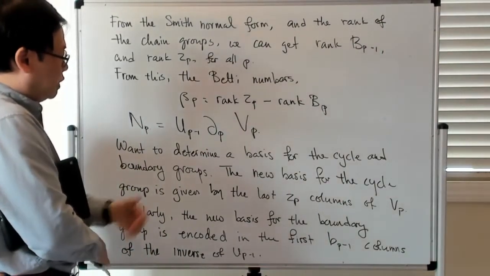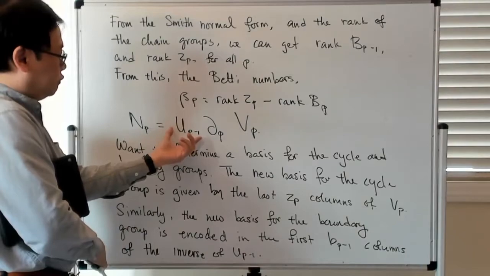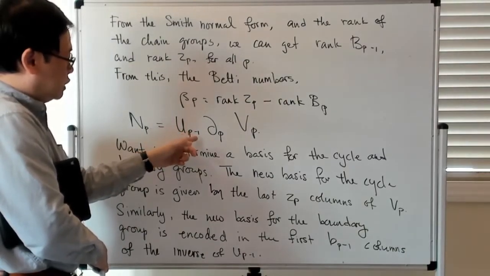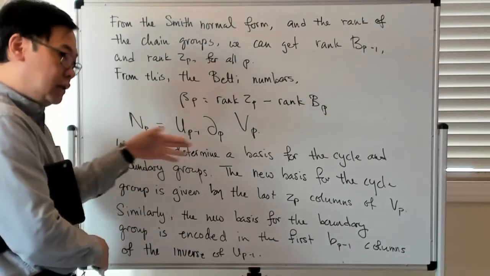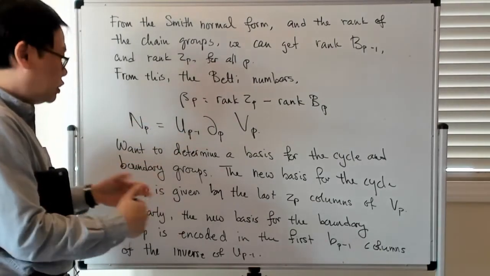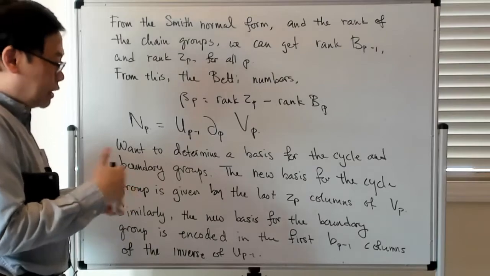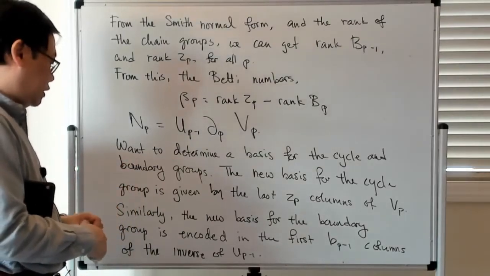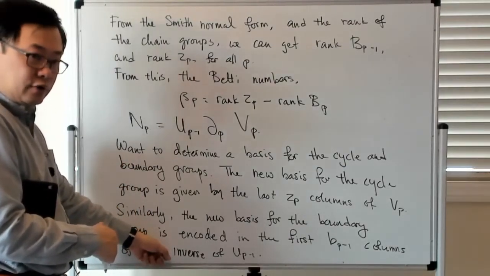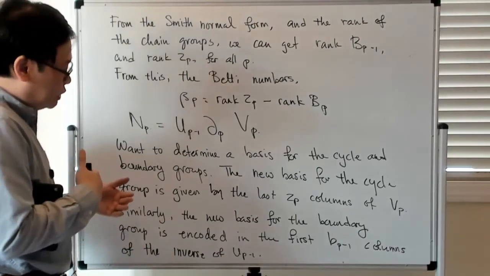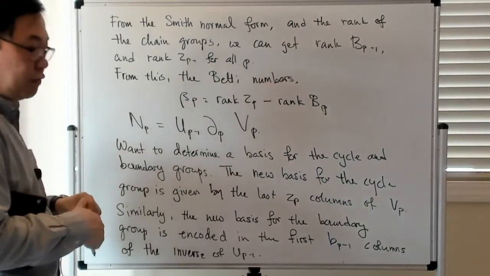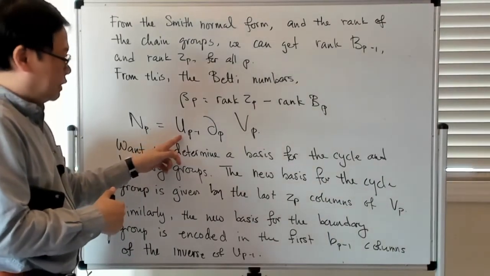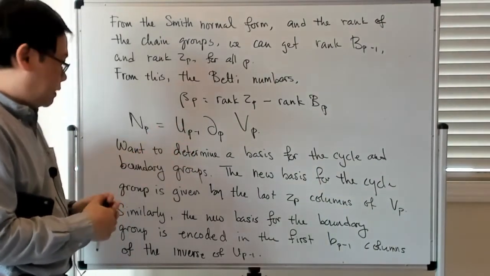So if you keep track of the sequence of exchanges and additions that got you to this UP minus 1, you can invert that term by term. So actually computing that inverse is not so bad, because if you keep track of this, you can construct the inverse as you are assembling UP minus 1 as well, okay?